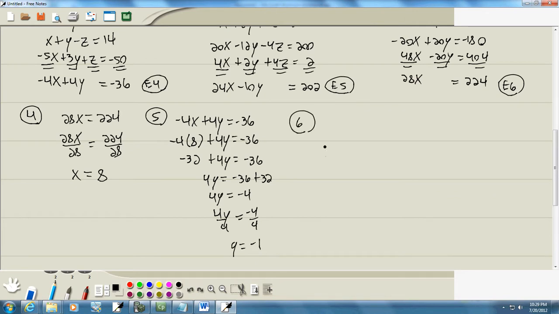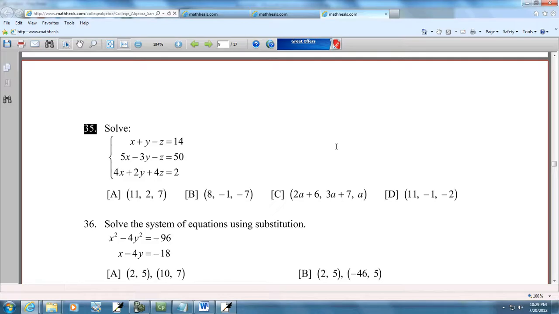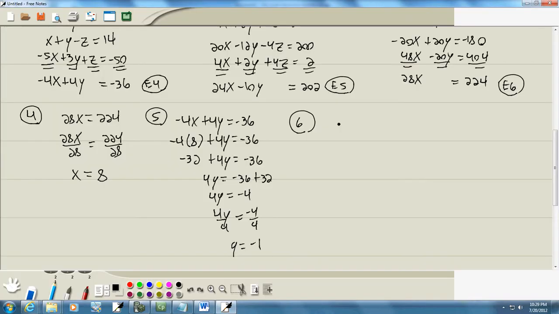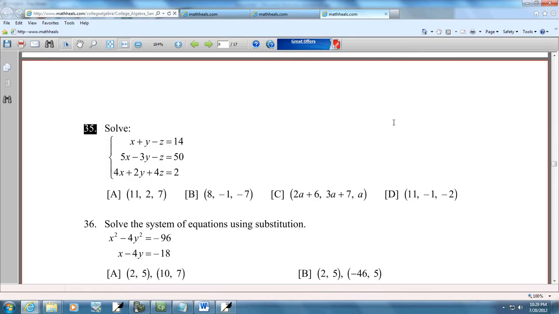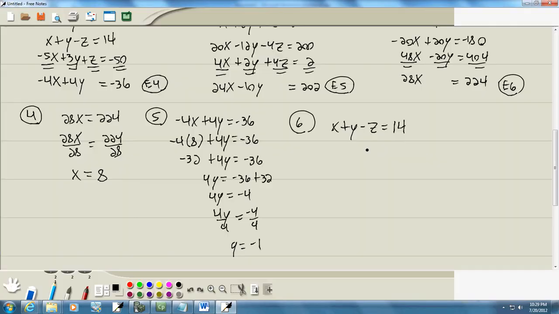Well, step 6. Now plug this x and y value into one of your original equations. First one looks easiest. So x plus y minus z is equal to 14. And we just said x was 8 and y was negative 1.